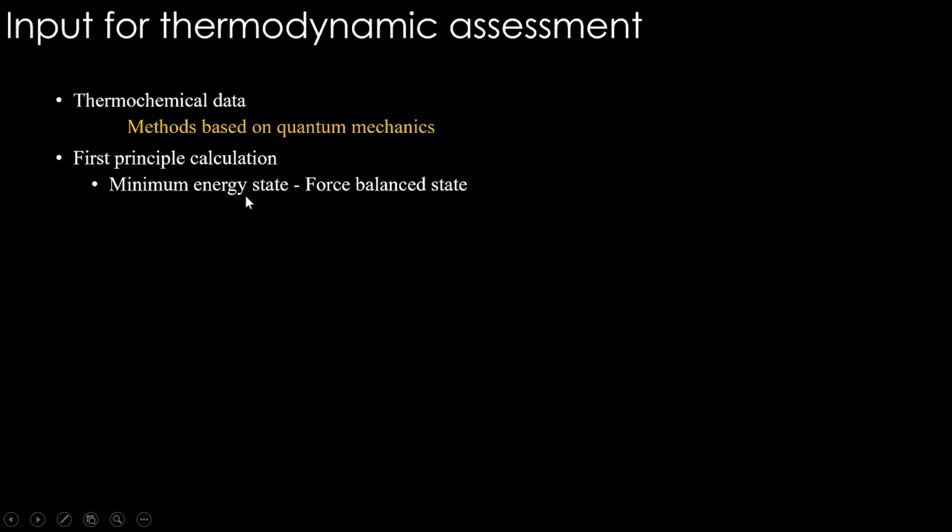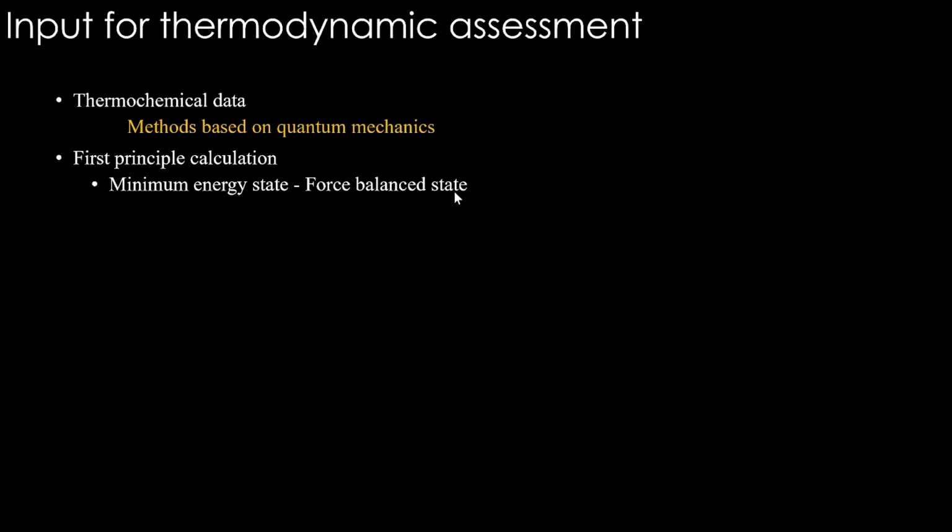This minimum energy state is a force balanced state. Meaning, if you think about any forces acting on a material, if the material is stable, it means that all the forces acting on it are now balanced. If any one force is dominating, then the material will respond to the direction of that force, right? So if all forces are balanced, then we can say the material is stable.